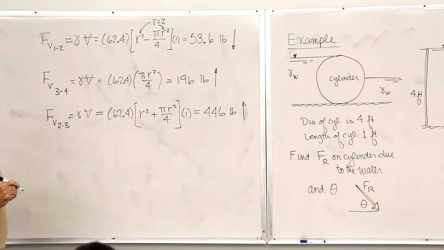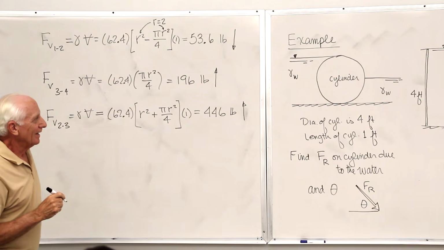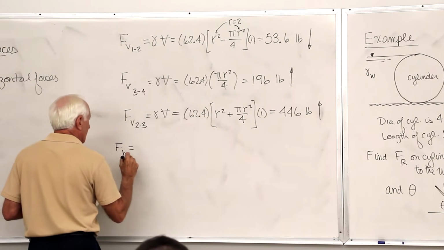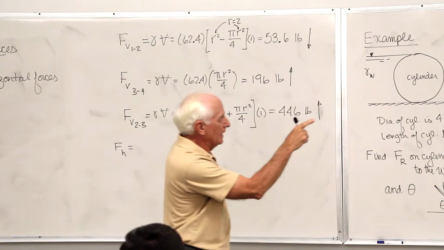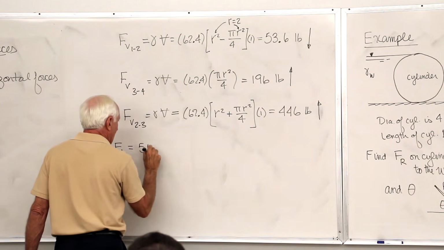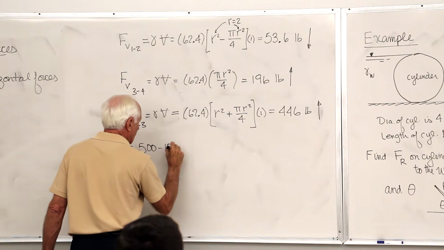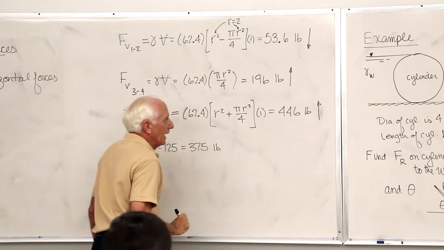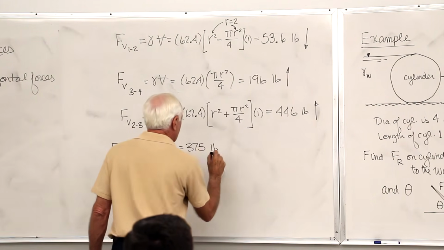Okay, now we add them all up. The total horizontal force is 500 to the right, 125 to the left. That's 375 pounds force, pointing to the right.